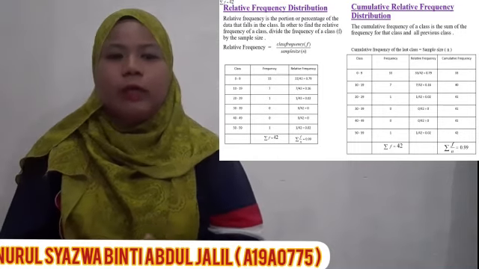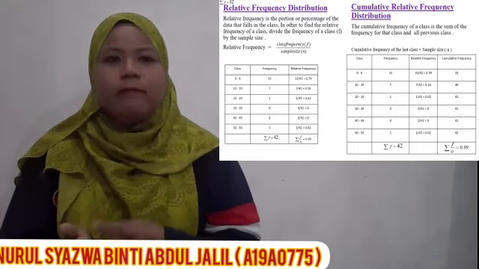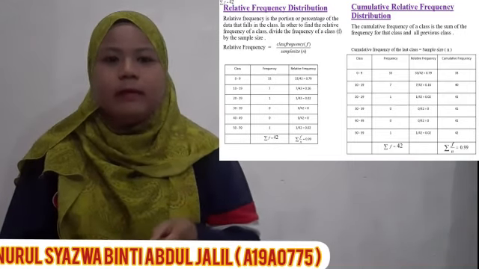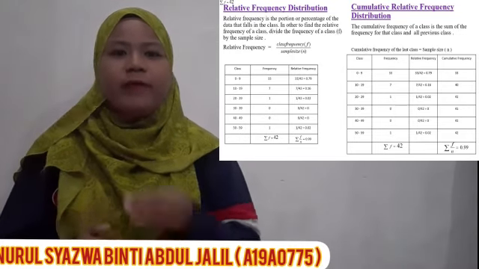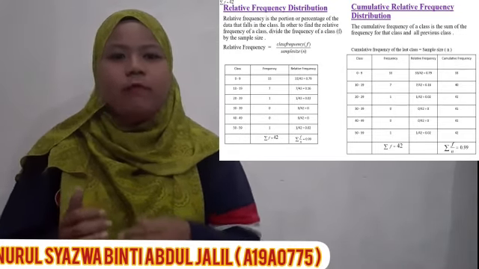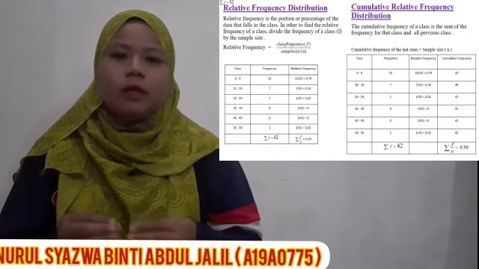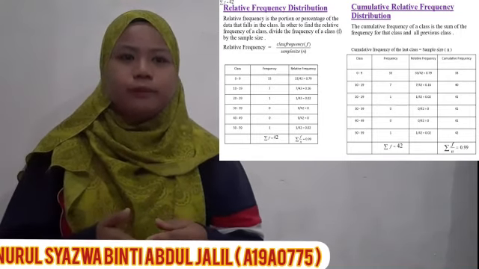How to get the cumulative frequency? Take the frequency 33 plus 7, which gives 40, the sum of the frequencies of all previous classes. And the total frequency is 42.